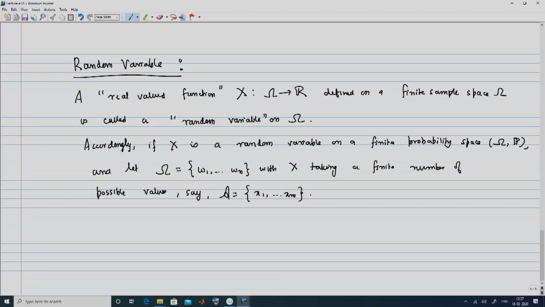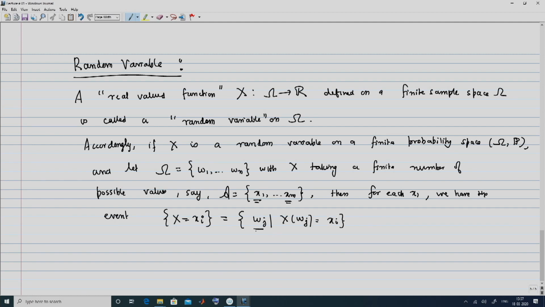Once we have set this set A of values the random variable can take, then for each of the xi's, that means x1 through xm, we have the event, and why I am calling it an event will become clear soon. X can take any one of the values x1 through xm. The event that X equals xi is nothing but the collection of all omega j such that X of omega j is equal to xi.